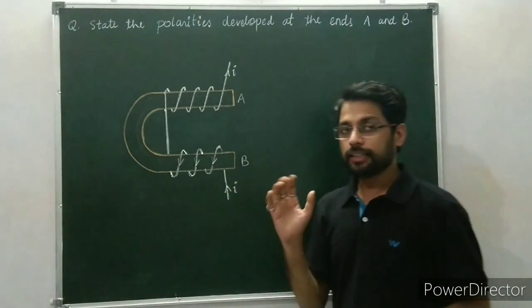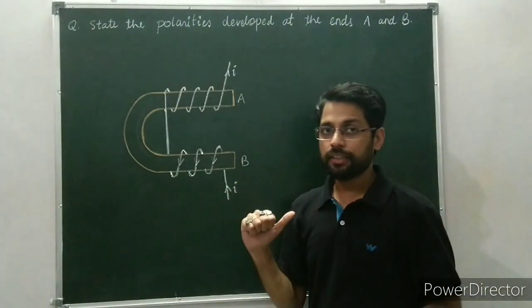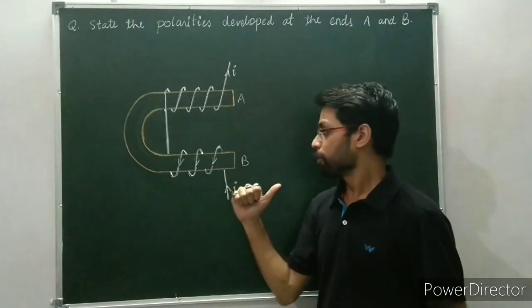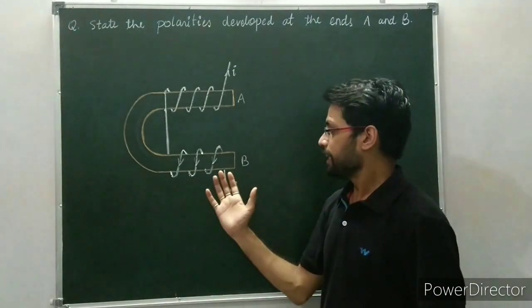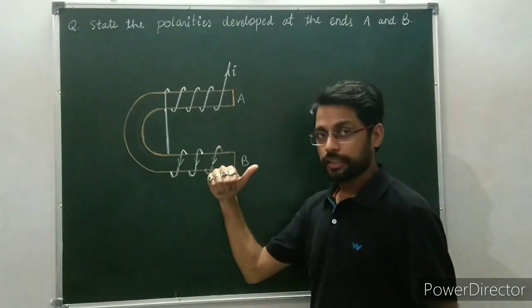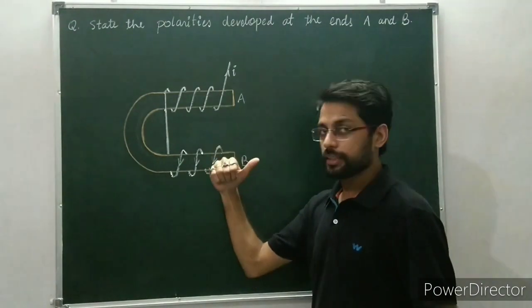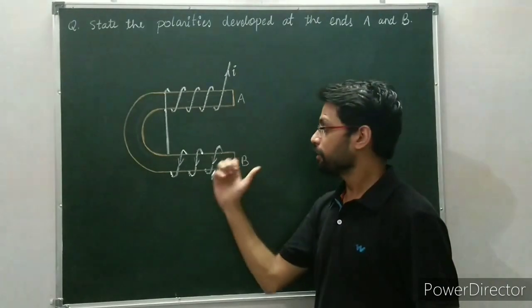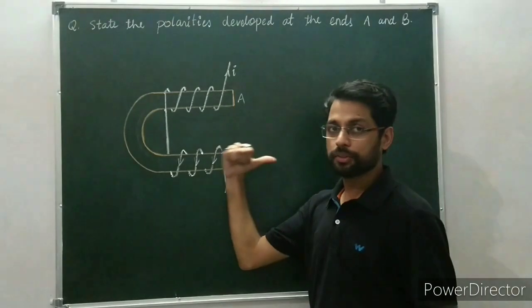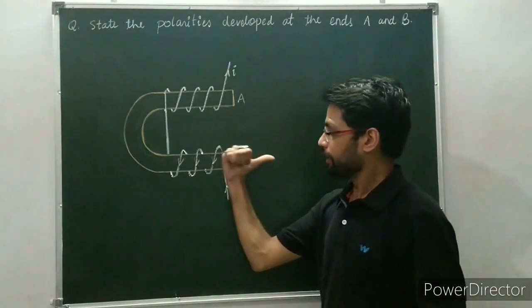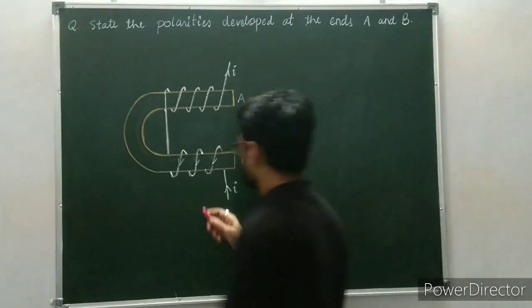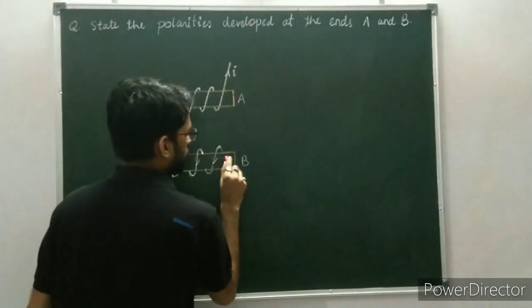Since we know that a current carrying loop produces magnetic field, and that magnetic field is given by the right hand rule, when you curl your finger in the direction of current, then the thumb will give you the direction of magnetic field. So the magnetic field at this end is outwards.